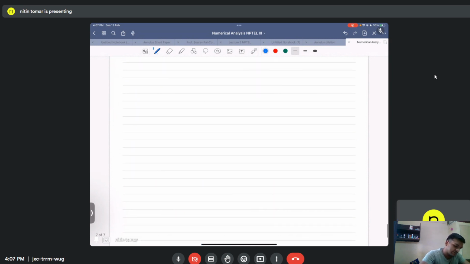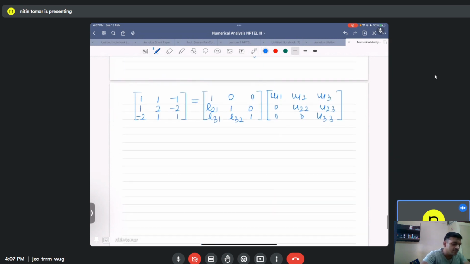So now can you solve it? Yes, sir. We have to find all the constants. So the first row will be u11, u12, u13.